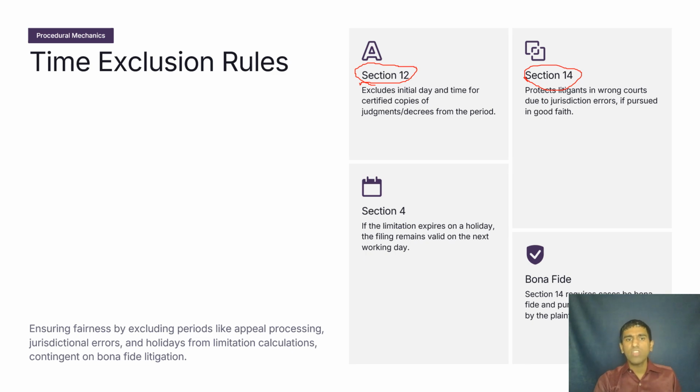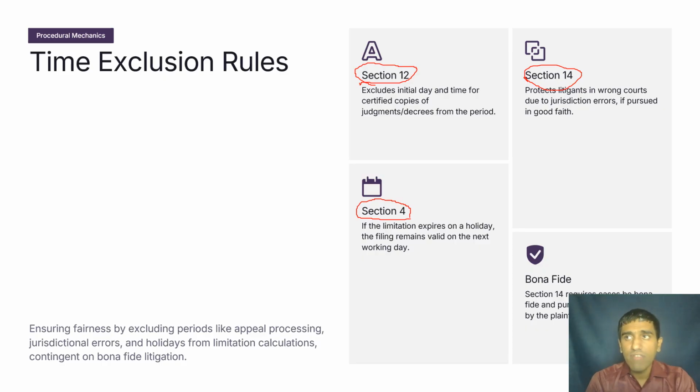Then under section 4, what happens? Also there is a protection. Under section 4, let's say the limitation period of one particular case is 3 years, and the limitation period has expired on a day on which the court had a holiday.